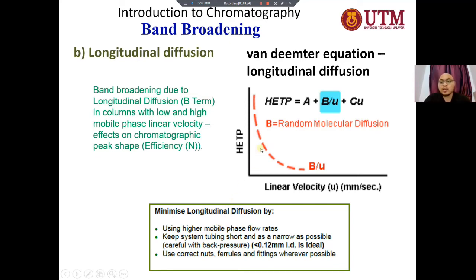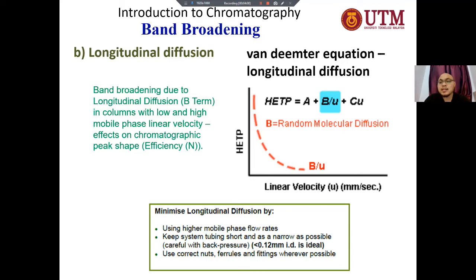If we look again at the graph here, you can understand. If we can imagine the longitudinal diffusion effect, we can solve the problem. We know that as the flow rate is lower, it will cause the longitudinal diffusion to become worse. So we need to increase the speed.